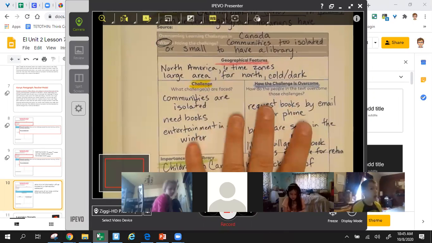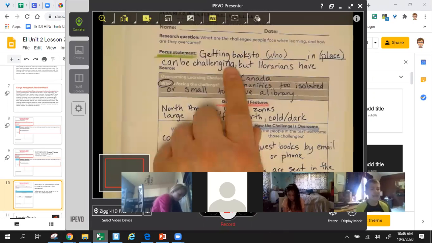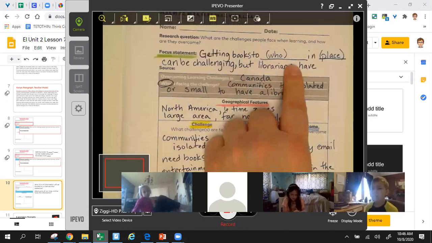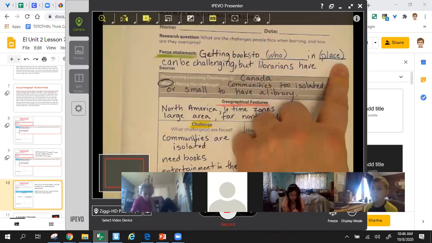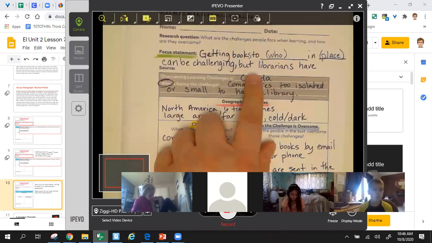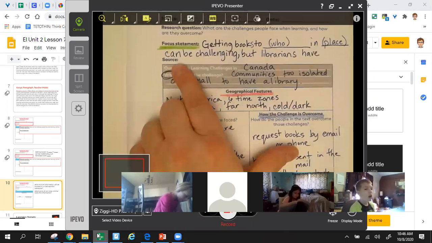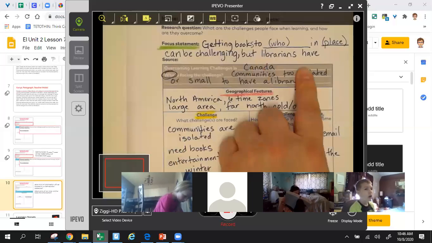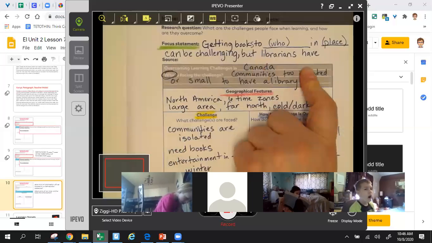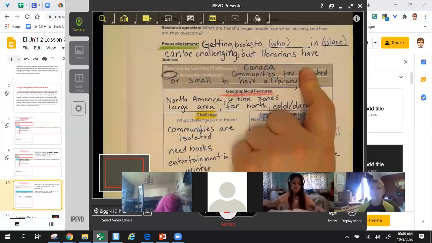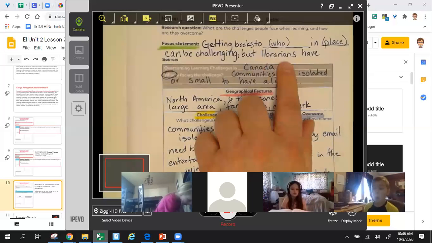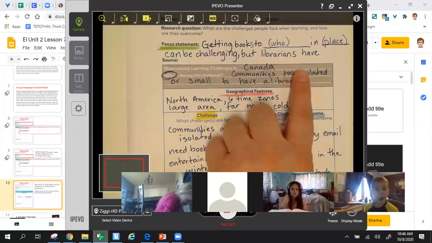All right, I would say getting books to isolated communities in Canada can be challenging, but librarians have ways to mail books to the people. Was that just one word that I added at the end? No. So are you just going to add one word after have?